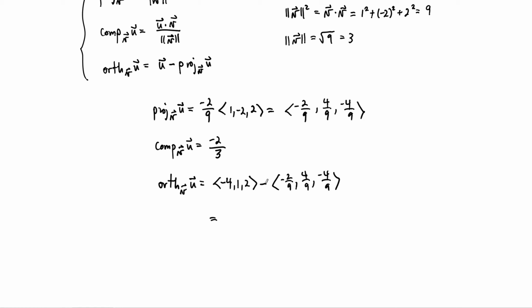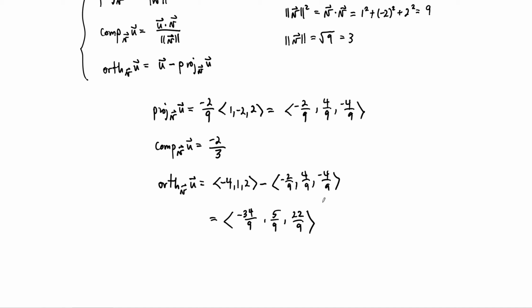So this is -4 plus 2/9. 4 is 36/9, so that's going to end up being -34/9. 1 minus 4/9 is 5/9. And then 2 minus a negative, so 2 plus 4/9, that's 18 plus 4, which is 22/9. So there's the orthogonal projection.